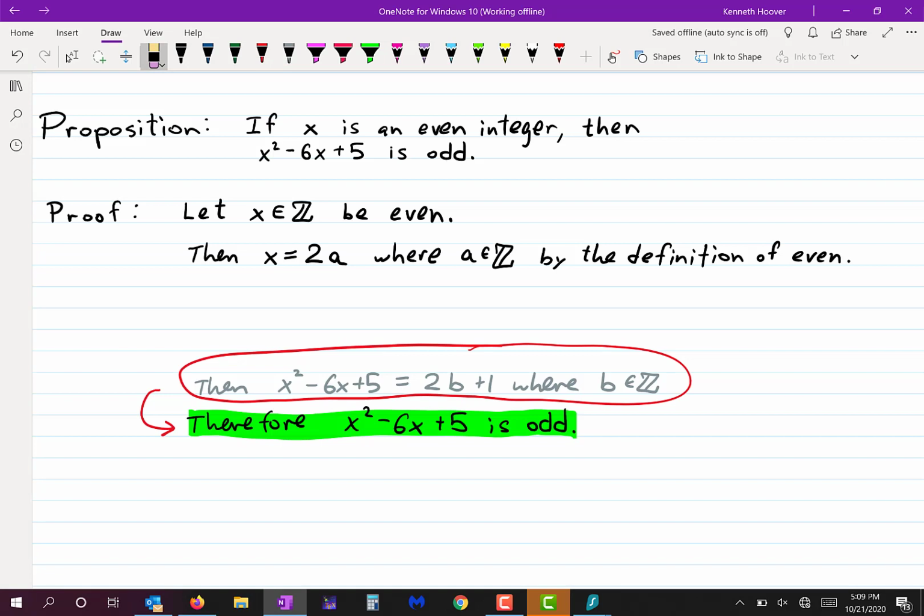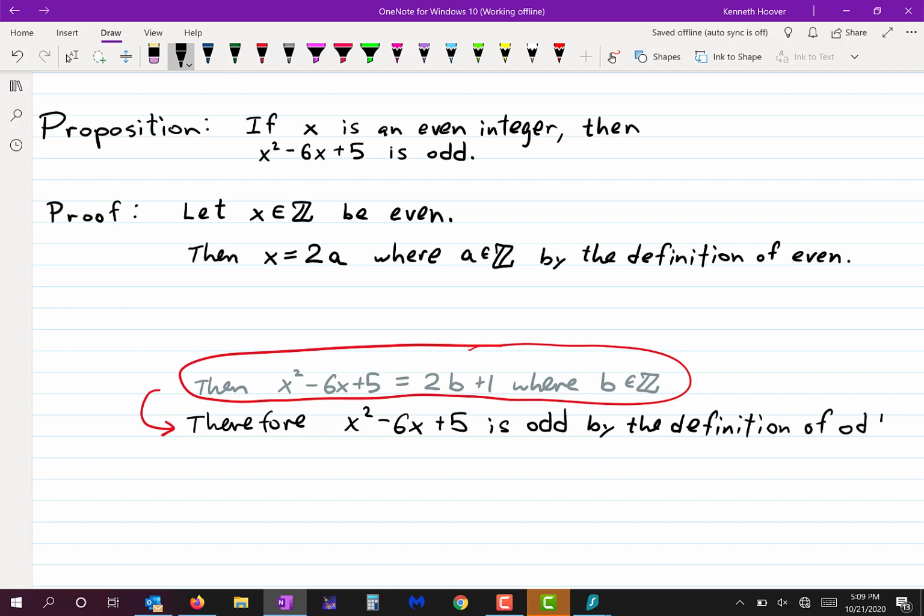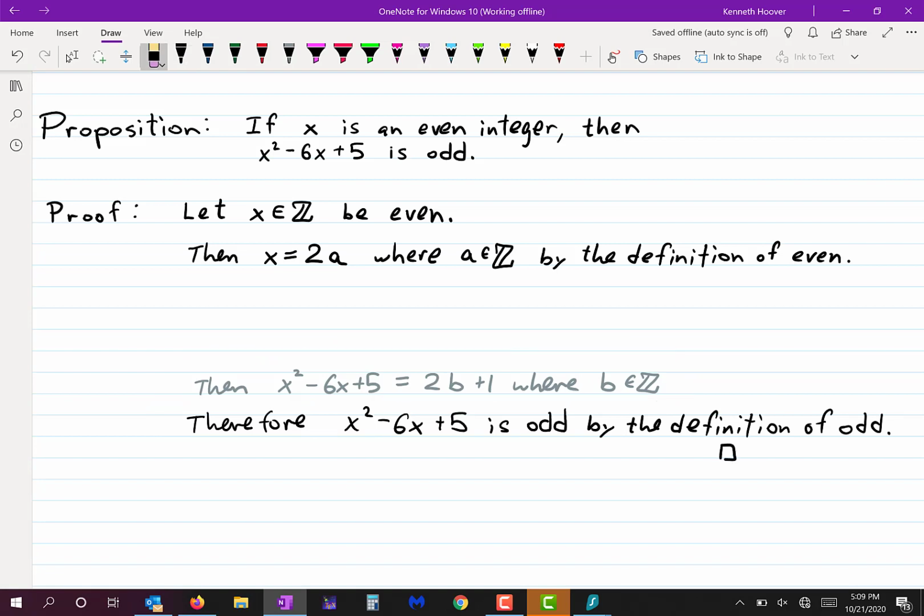Because then I can say that that number is odd by the definition of odd. And then I'll be done with my proof. So the question now becomes, I don't have to worry about this anymore. Now I just have to try to get here.